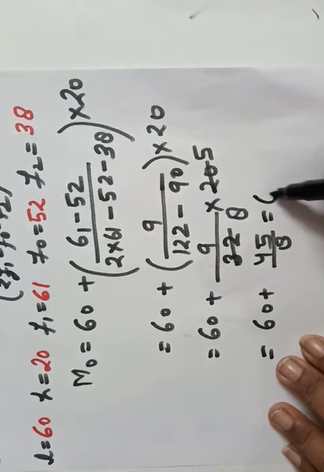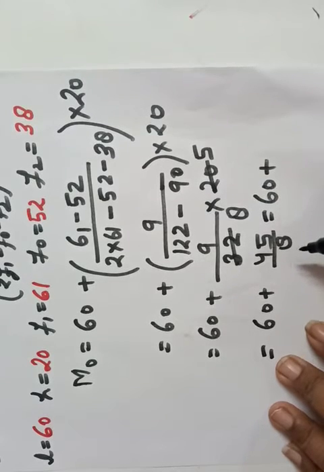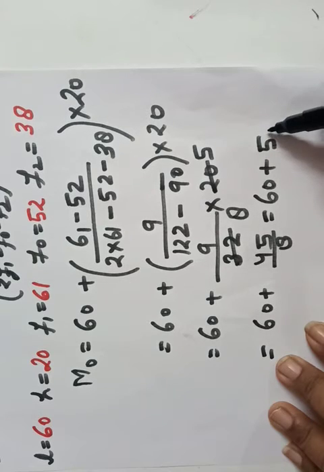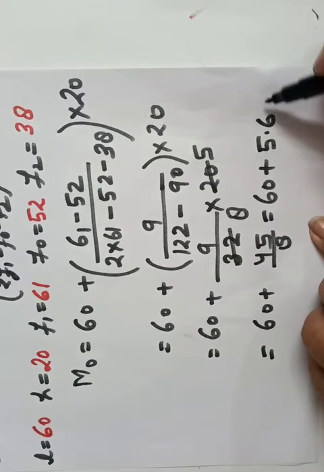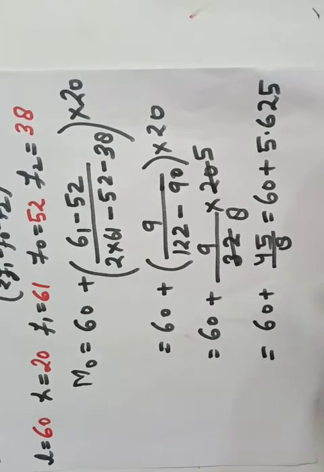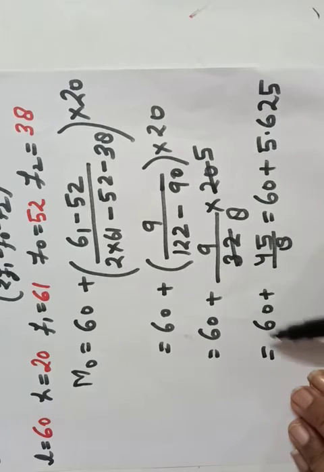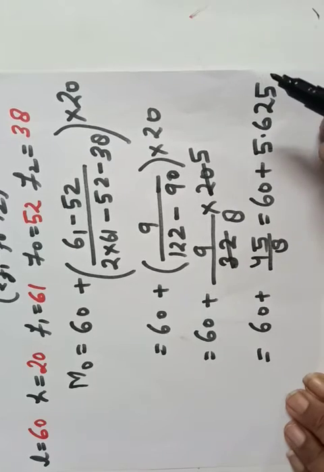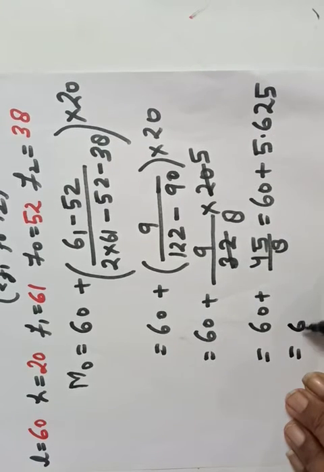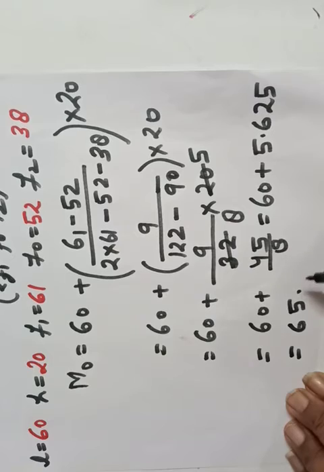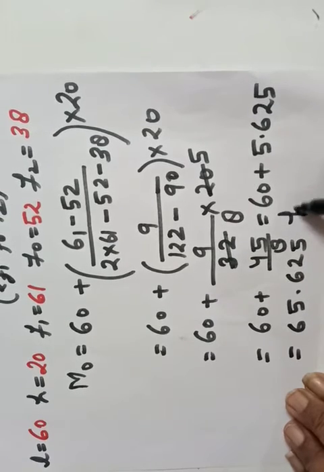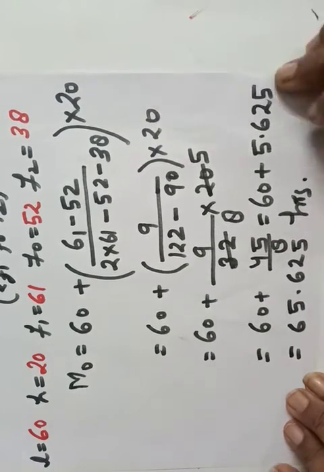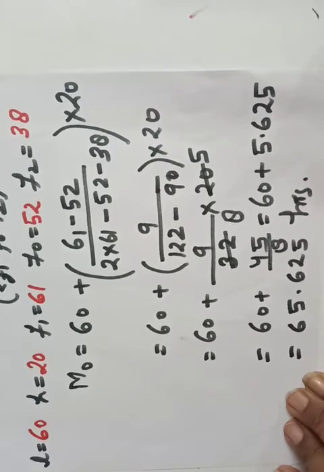For me this is easy. 60 plus, we divide: 5 eights are 40, then 50 is left, then 6 eights are 48, and it will be 5.625. Or you can also take the LCM, 8 sixes are 48, and then add. So we have got 65.625 hours, and that is the mode of the given data.